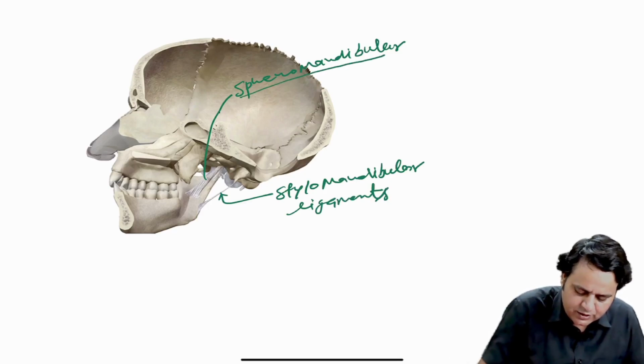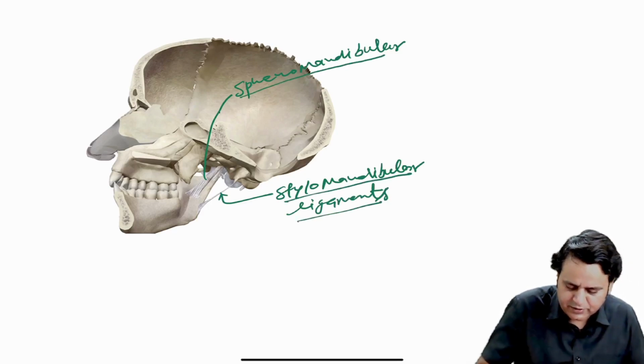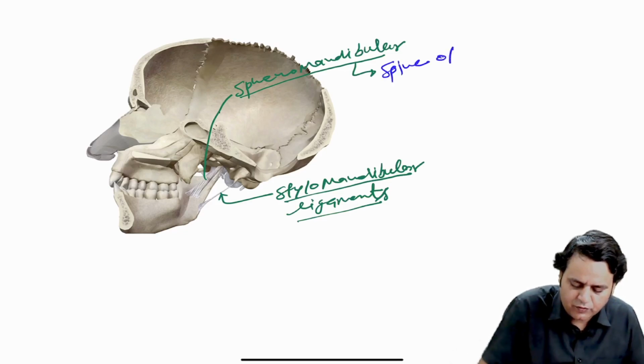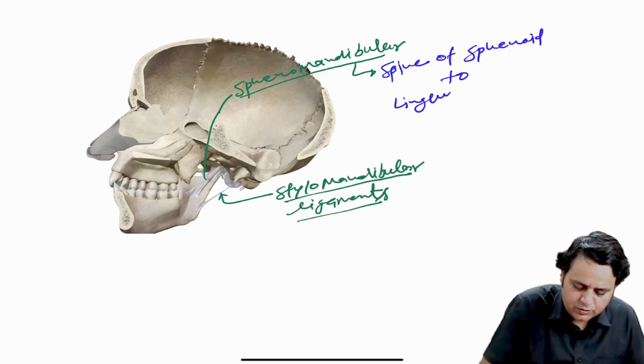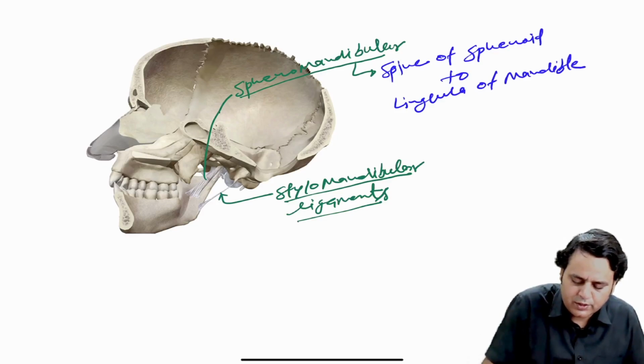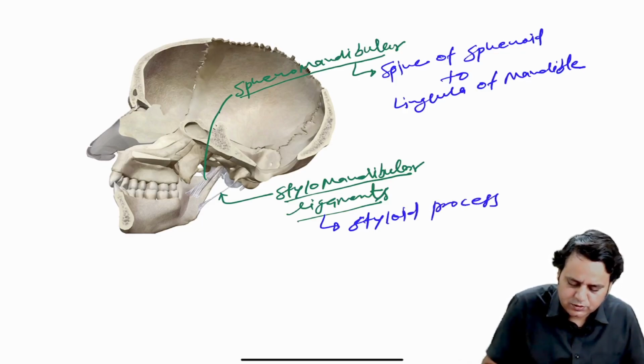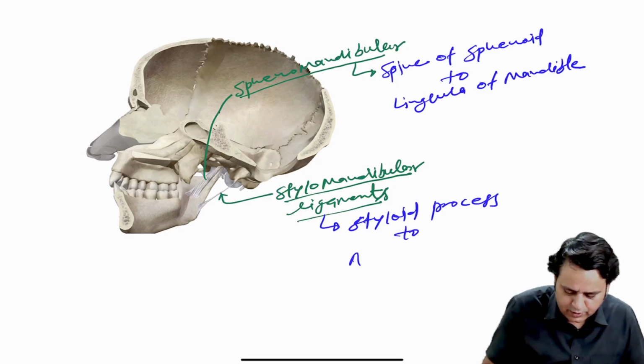This sphenomandibular ligament is attached from the spine of the sphenoid to the lingula of the mandible, and this one, the stylomandibular ligament, from the styloid process to the angle of the mandible.